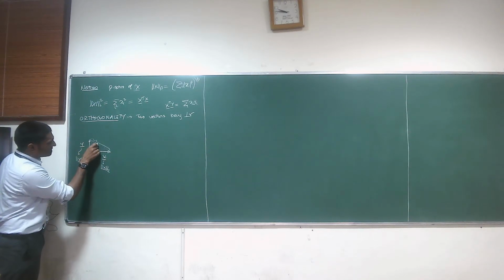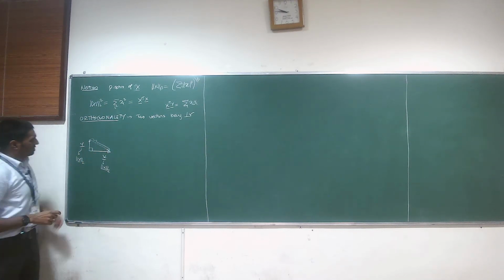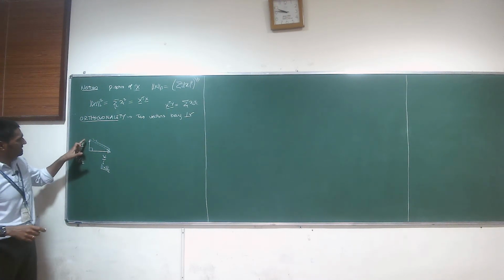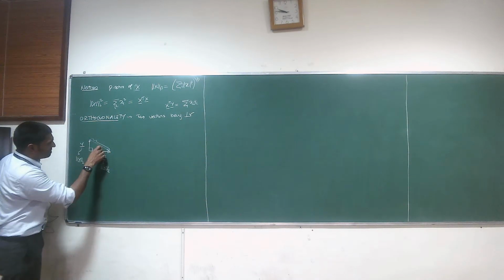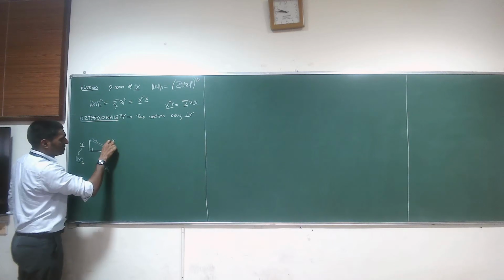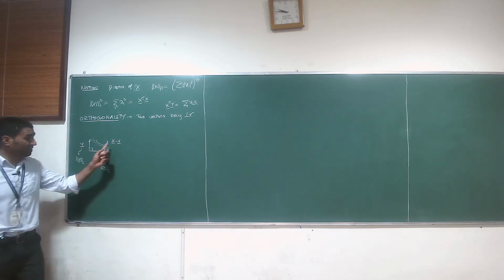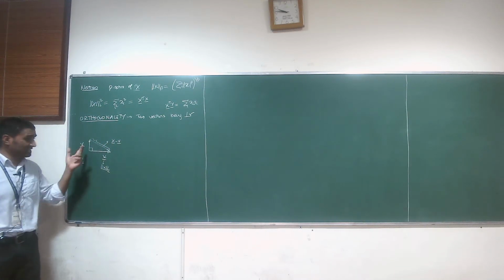I can think of a vector starting from the tip of y going to the tip of x, and this vector will simply be x minus y. You can verify how that is. I won't explain why that is.